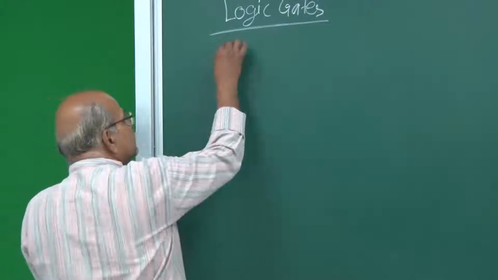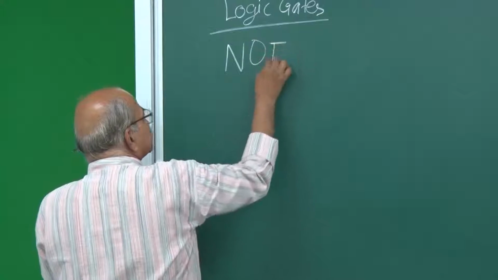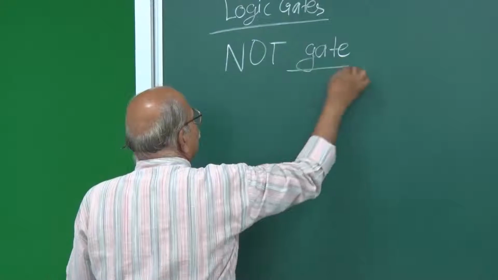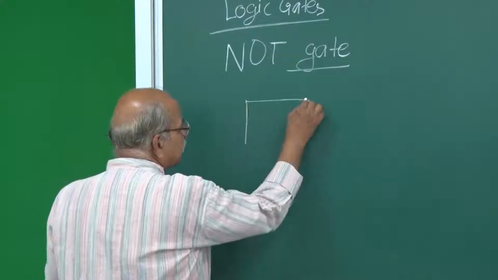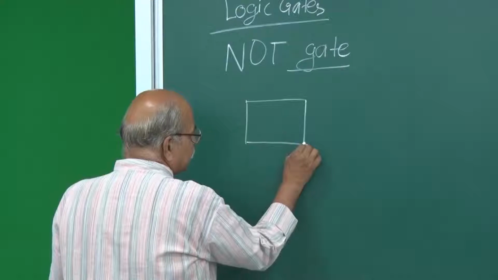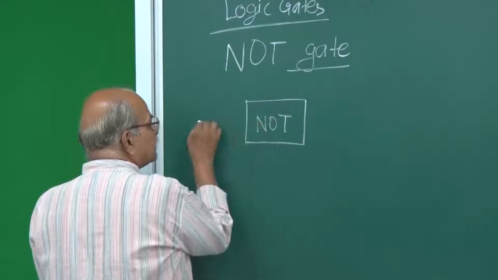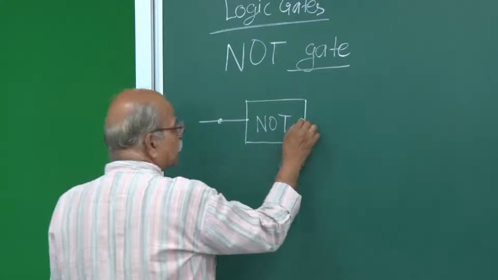The first one is, let's talk of this NOT gate. This is called the NOT gate. And what is this? It's very simple. It takes one input and it gives one output.